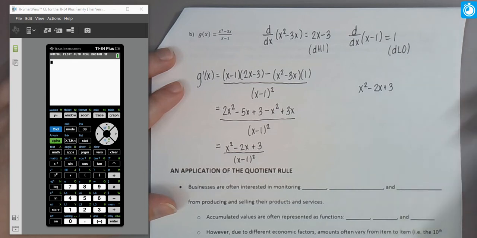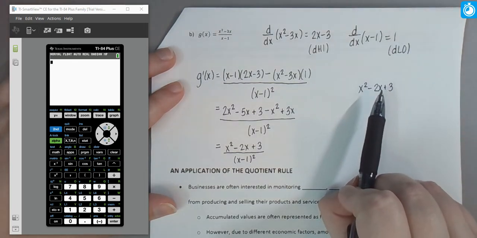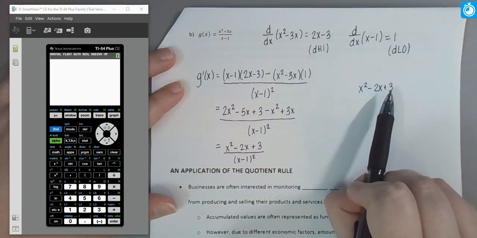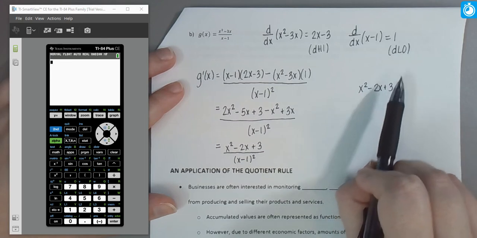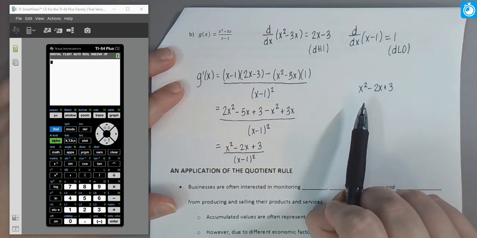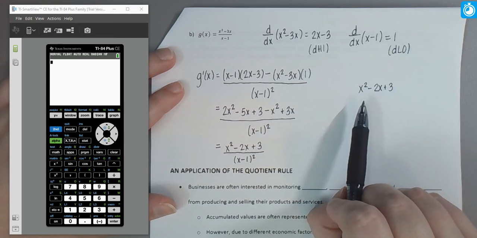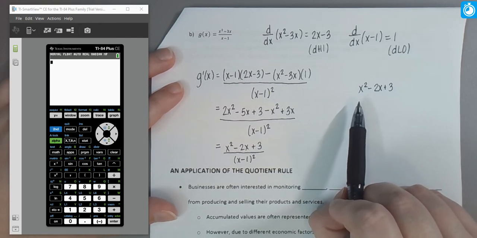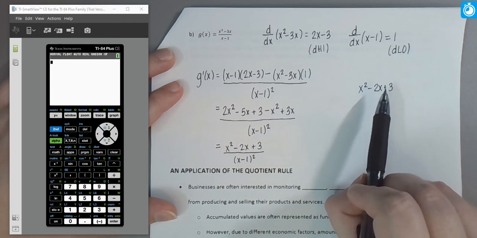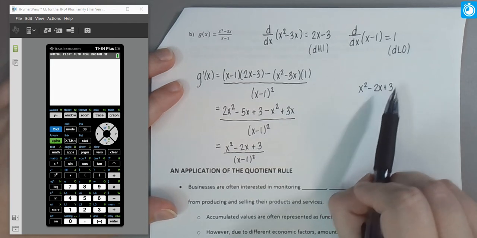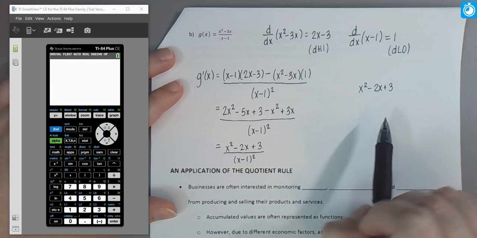Does it factor? Well, if it does, we're looking for numbers that would multiply to give positive 3 and also add to give negative 2. So you might initially be thinking 3 times 1. Well, the only reason 3 times 1 doesn't work is, keep in mind, because they multiply to give a positive, that just means they have to have the same sign.